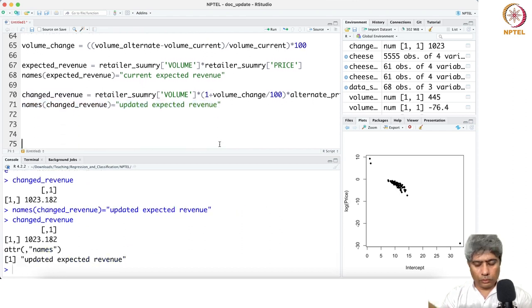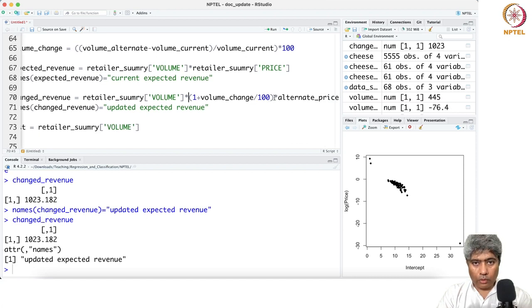Now total cost will be whatever the volume times this changed percentage times unit cost.